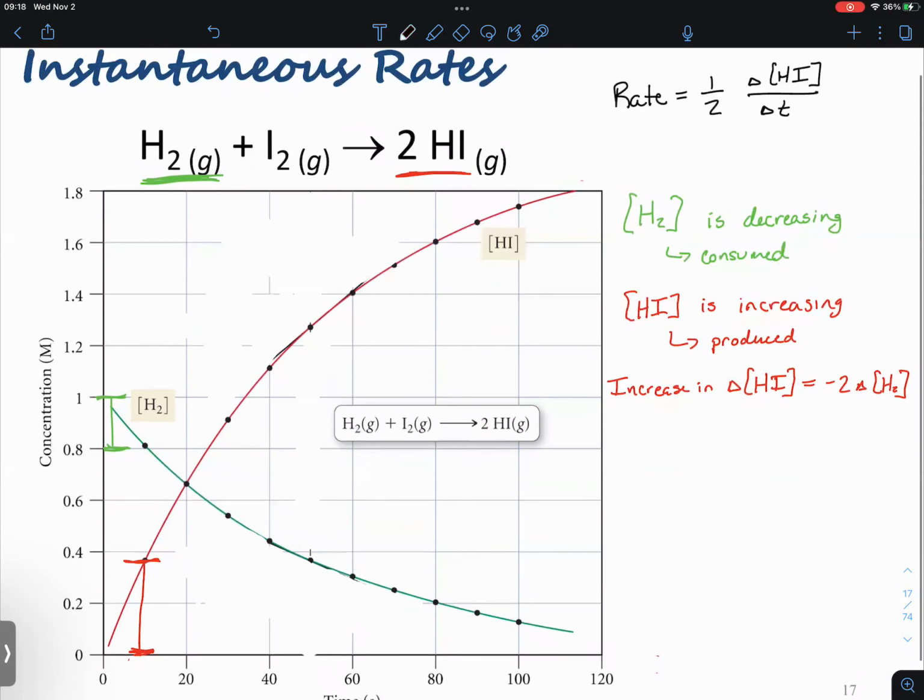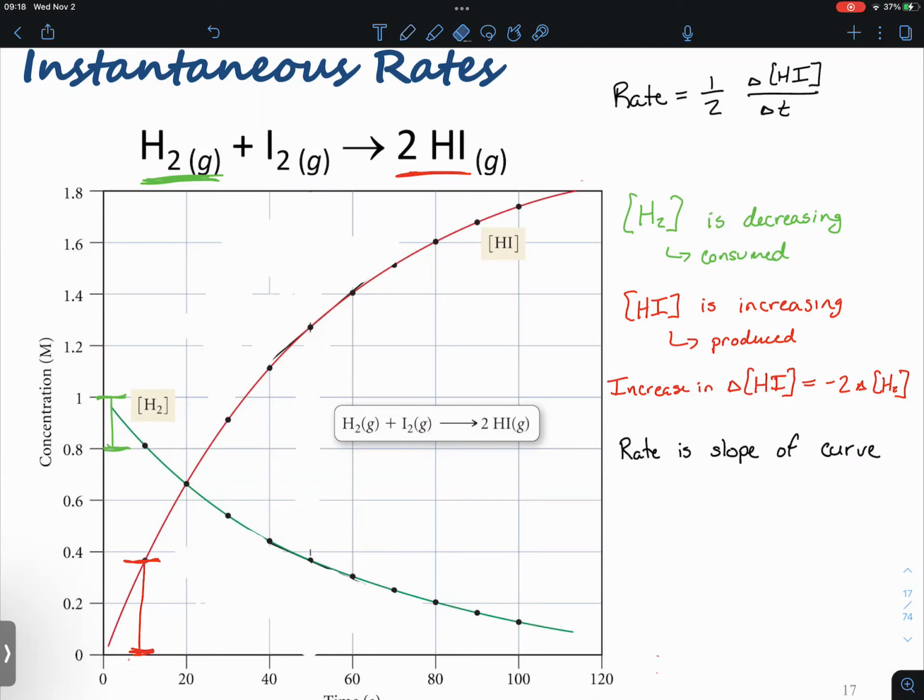So the rate corresponds to the slope of this curve. Rise over run. I don't know if you guys have heard that. That's what they taught us in math class. That's what your slope is. It's the rise, so the change in the y direction, divided by the run, the change in the x direction.